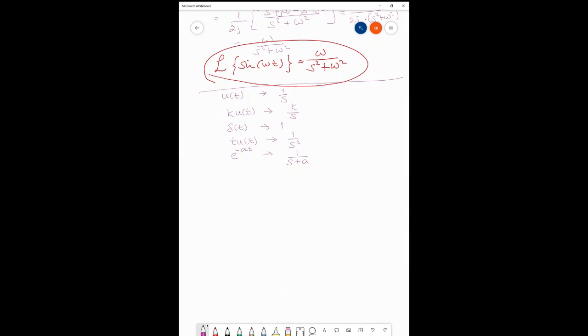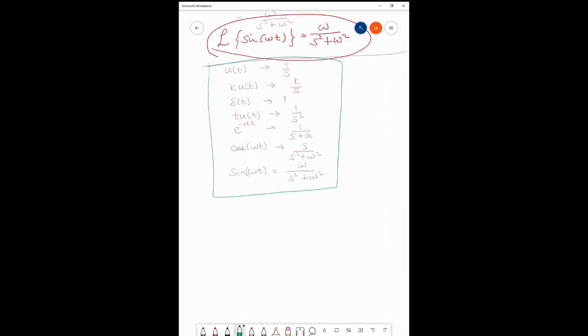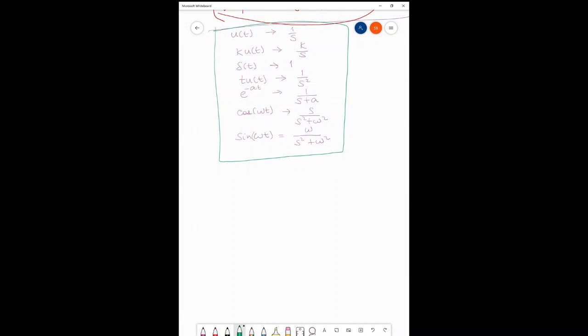And lastly, we saw the two trig functions: cos omega t has a Laplace transform of s over s squared plus omega squared, and sine omega t has omega over s squared plus omega squared. These are the Laplace transforms that we saw already. So the inverse Laplace transform uses these functions which we already have to compute the time domain of a function.